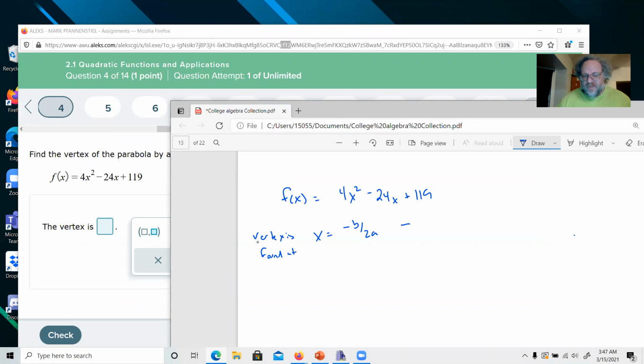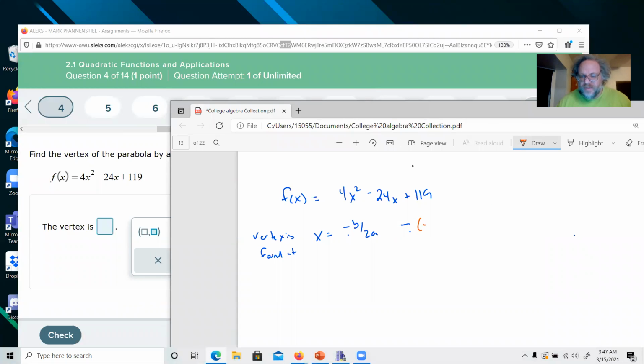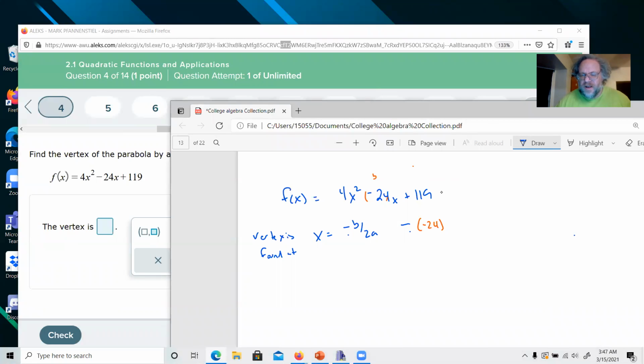So we have negative, that's this negative, and then we have the b. The b is negative 24, because this right here is our b, divided by 2, and then what's our a? A is 4.